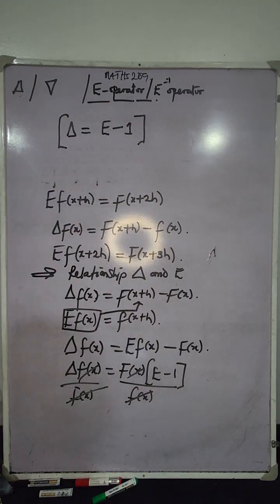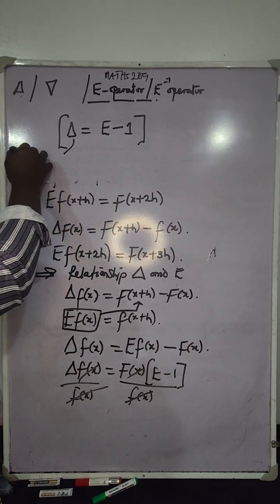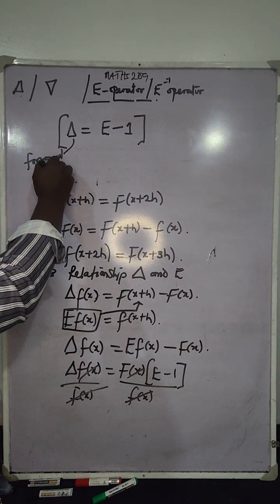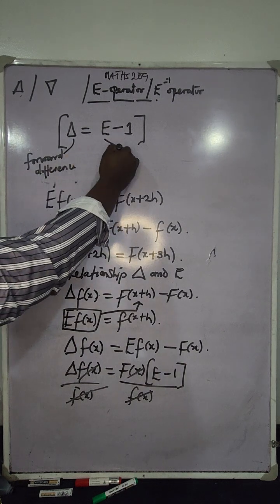This is the relationship between the forward difference operator and the E operator.